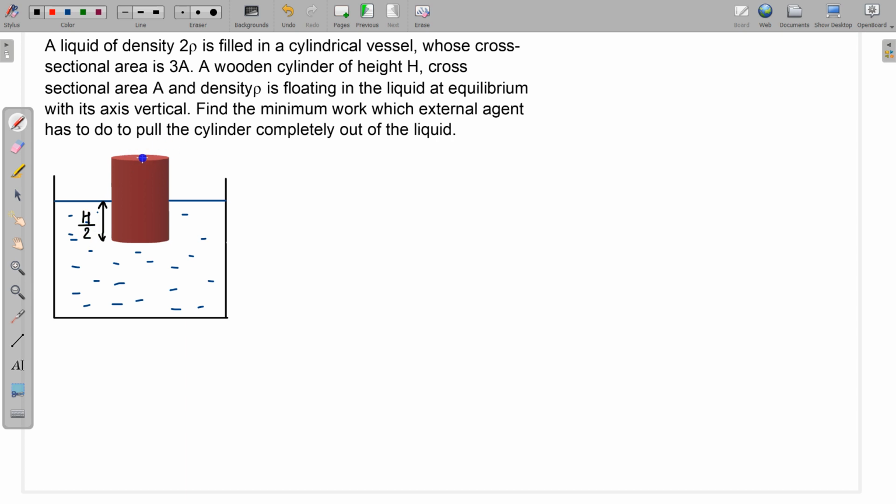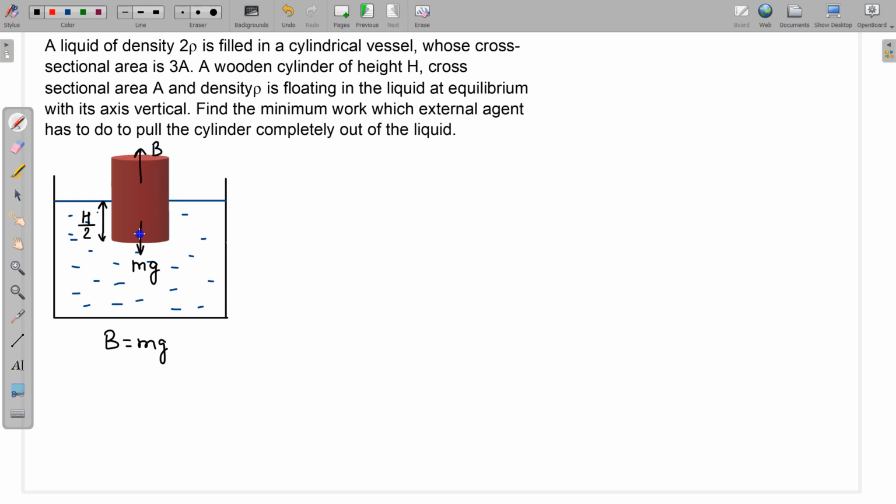At this particular moment, the buoyancy force acting in the upward direction and the gravitational force acting in the downward direction will be exactly balancing each other. B is equal to mg. So it is floating, it is in equilibrium. When we pull it outside, the volume submerged will decrease. Since the volume submerged decreases, the buoyancy force decreases, while the weight remains the same.